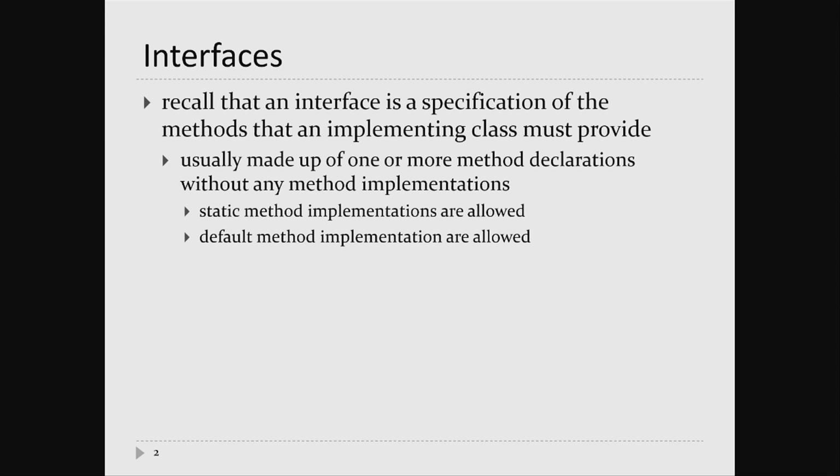So the interface says what methods must exist in a class. It doesn't say how they're implemented. Java actually allows you to implement some methods in an interface. So you are allowed to put static methods in an interface. And you're allowed to include what are called default method implementations, right? And we'll see examples of the second one later on.